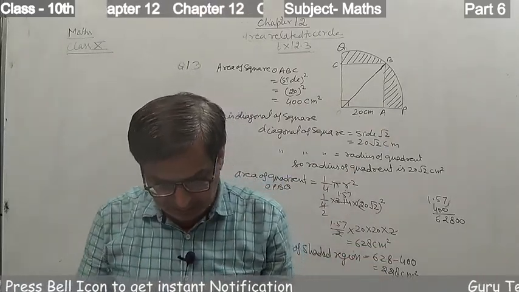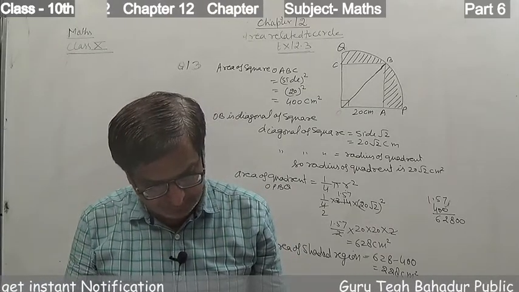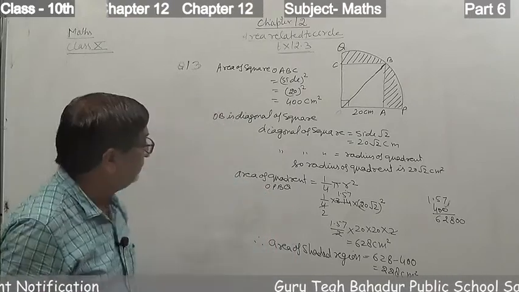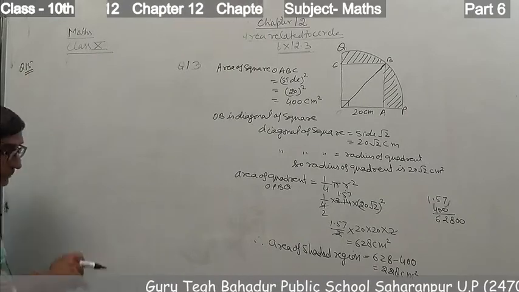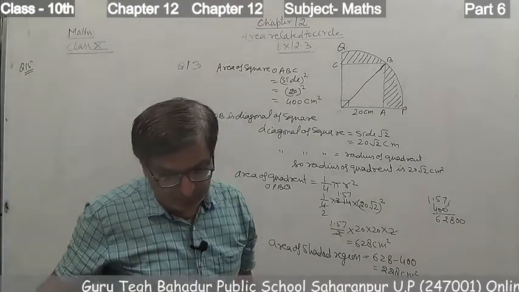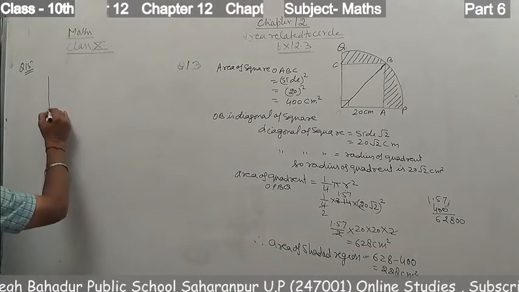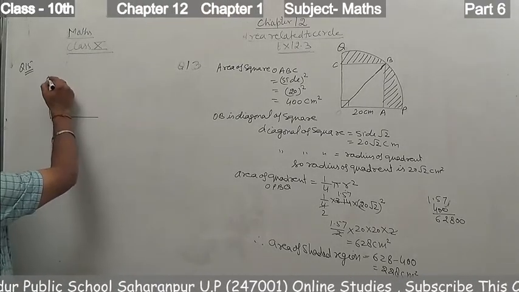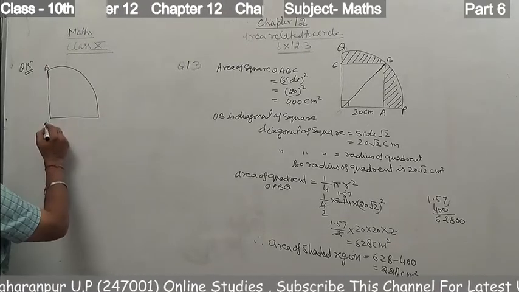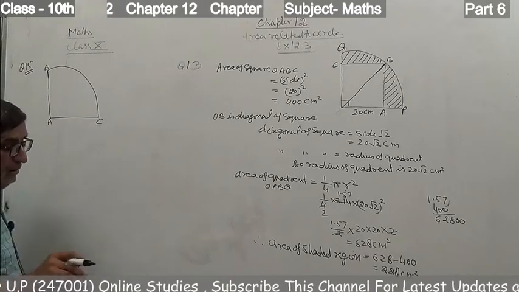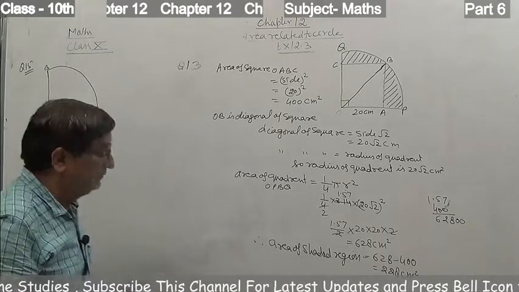Now see the question number 15. ABC is a quadrant. Here BAC is a quadrant of a circle of radius 14.